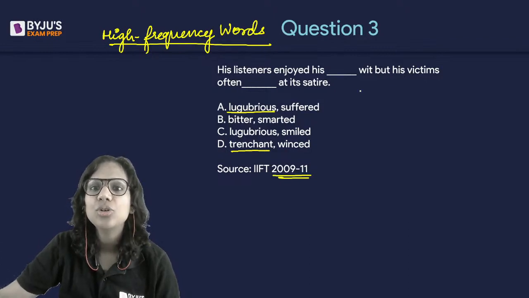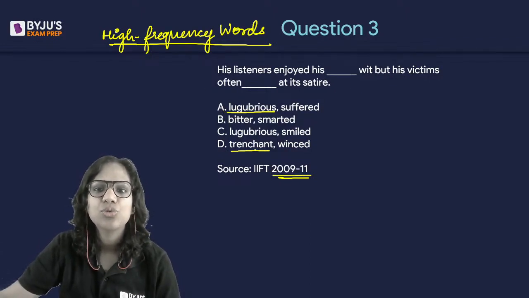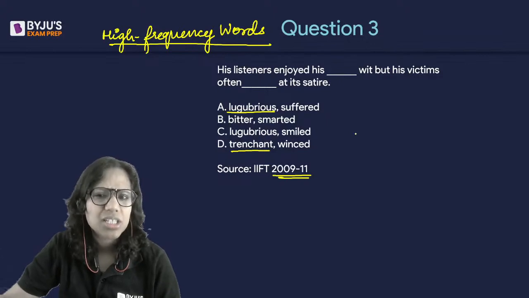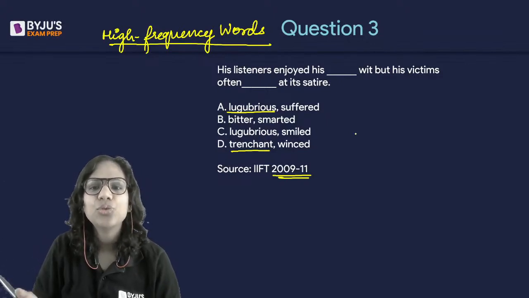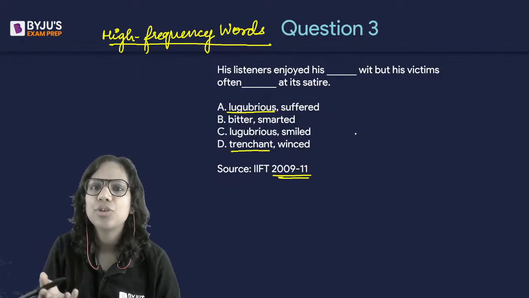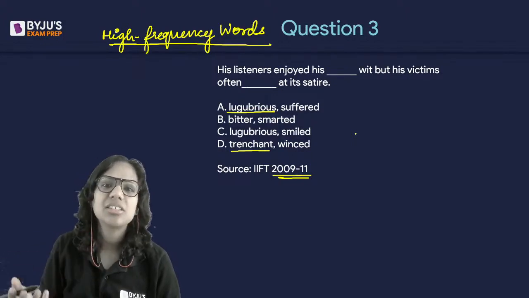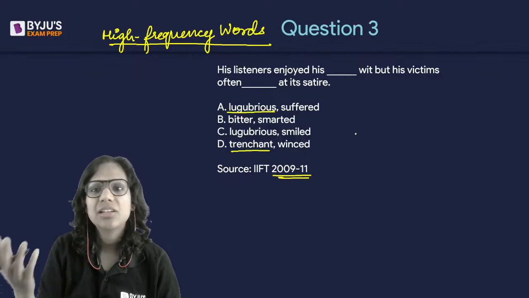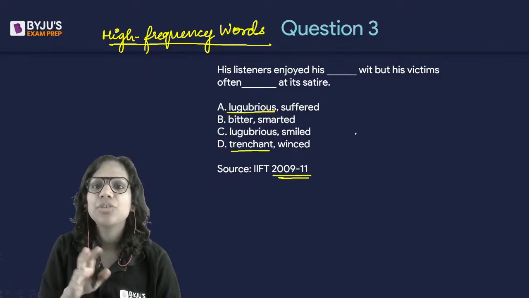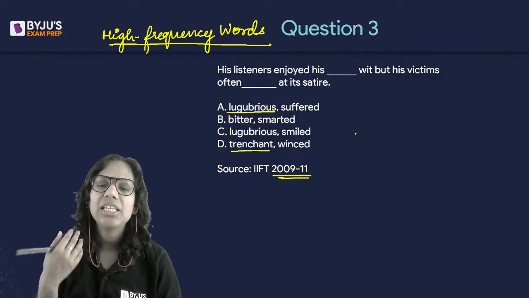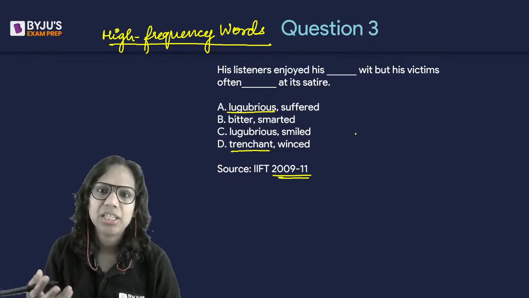And if you do not know the meanings of words such as lugubrious, trenchant, winced, smarted, right? If you don't know these meanings, then it becomes a little difficult for you to comprehend that RC passage, right? Or in fact, it could appear as a sentence in a parajumble. It could appear as a sentence in a para summary question. And if we do not know the meanings of these words, it takes us a lot more time to comprehend that paragraph, that passage, right?